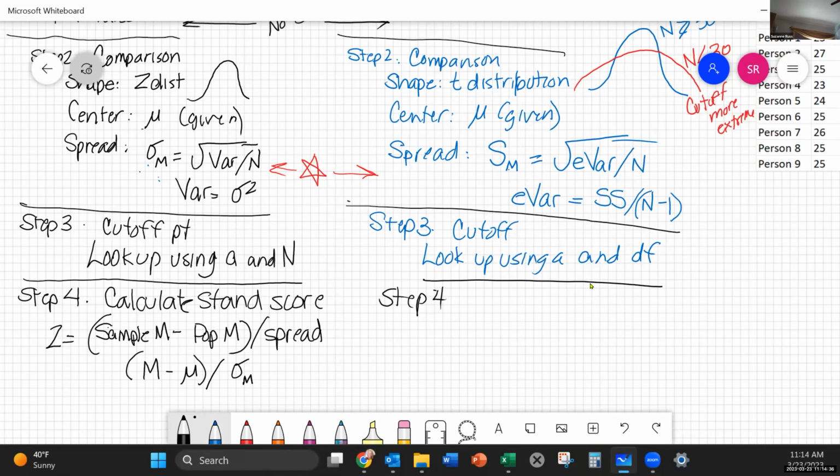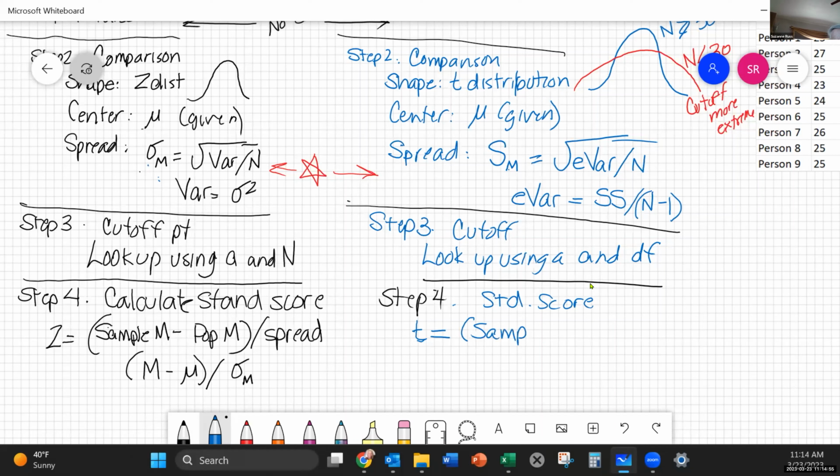In calculating the standardized score for the t-test, the formula is the same. T, that's the statistic we're going to get now. Instead of Z, we're getting T, is the same thing.